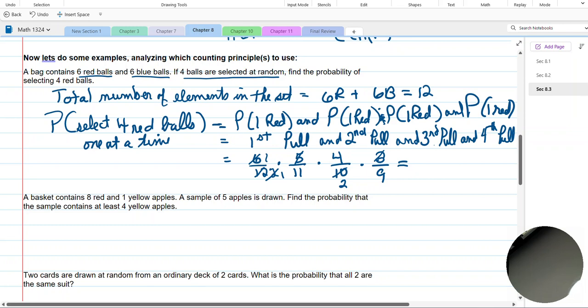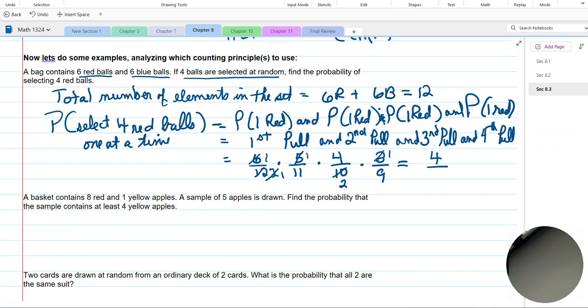Or we can stick it in the calculator, whichever way you want to go. Well, I notice that I have a 1, 1, and 1. So I have 4 in my numerator. And then I have 11 times 2 times 9. Well, that's a little bit more than I wanted to do. But let's see what I've got. I've got 22.